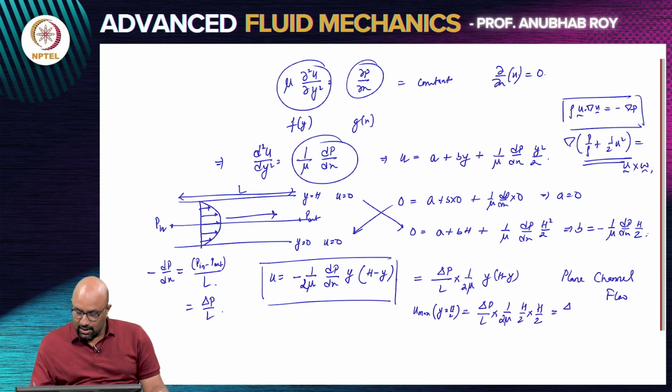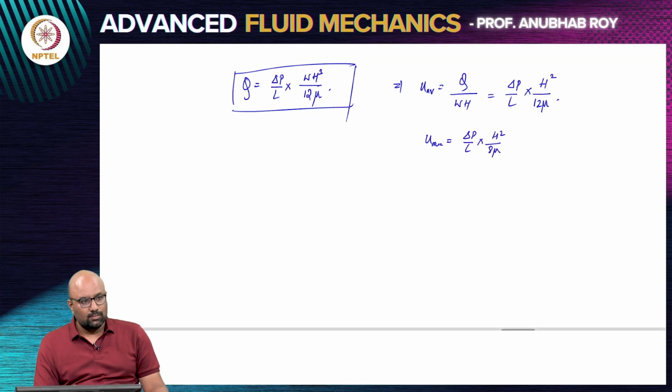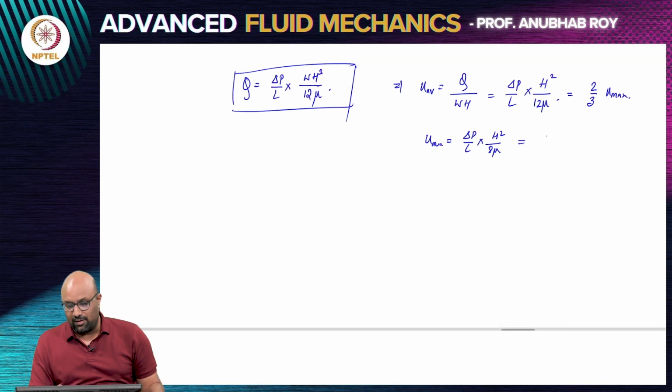So that is del P by L h square by 8 mu, which is two-thirds of the maximum velocity.